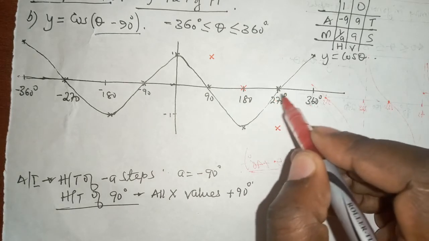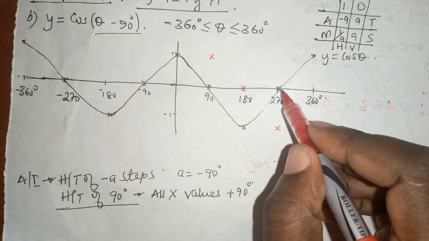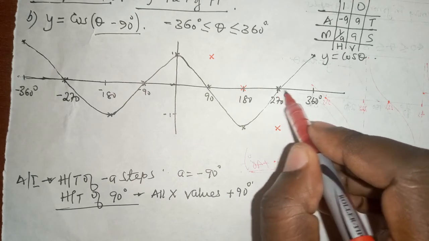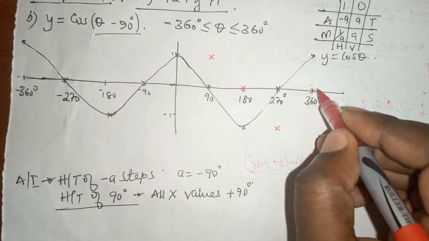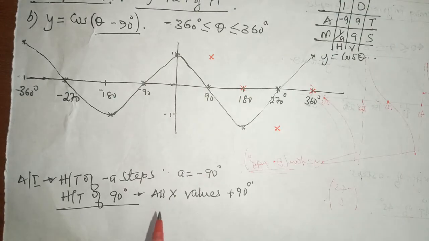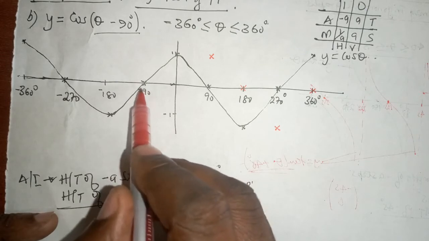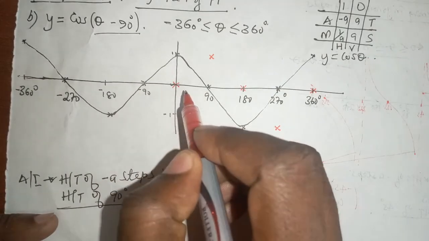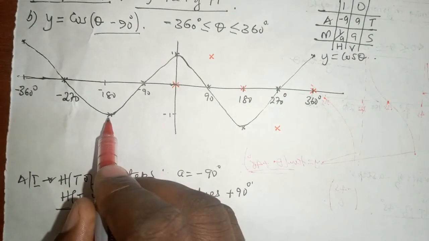When x is 270, then 270 plus 90 gives 360 degrees, and the value of y is not affected. When x is -90, -90 plus 90 is 0, so that particular value of y, which is 0, gets there.